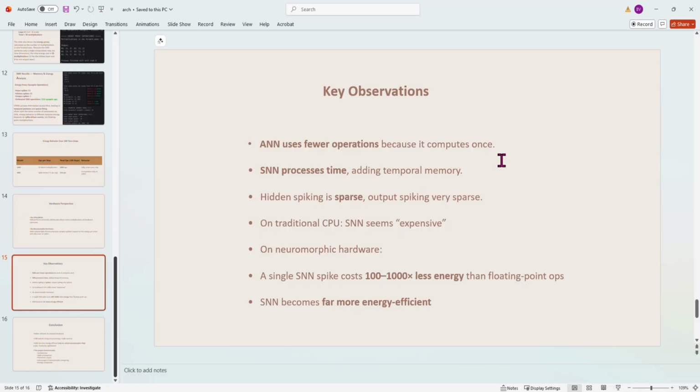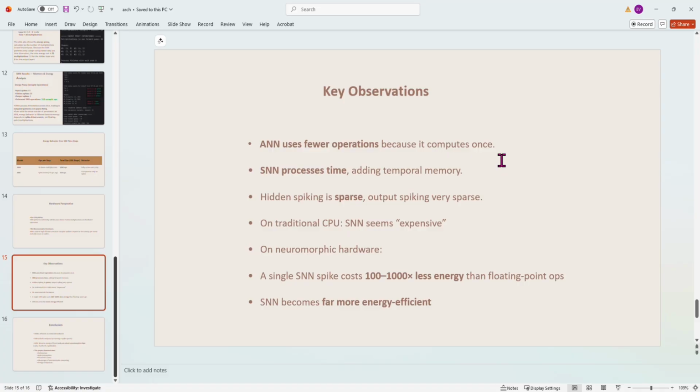For the hidden layer, spikes are sparse. Even though input spikes are frequent, hidden spikes become sparse and output spikes become extremely rare. On regular CPUs, SNNs seem expensive because CPUs are not optimized for event-driven computation. So running 100 time steps adds overhead.